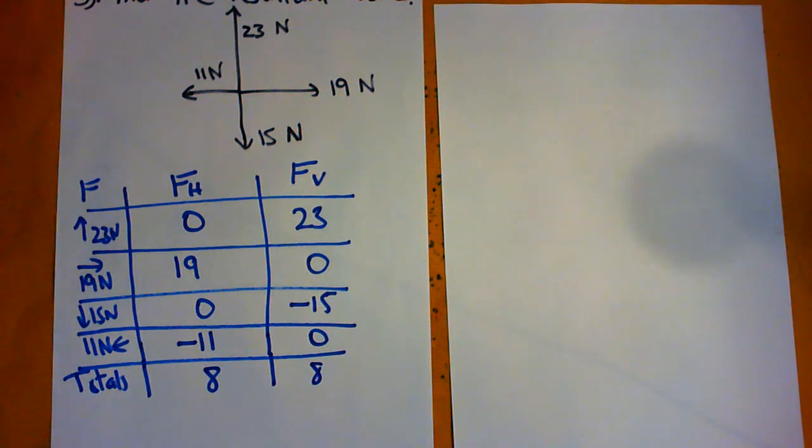Okay, so now we need to work out the overall magnitude of the force. Before we do that though, let's work out approximately what direction our resultant should be pointing in. We're getting a positive horizontal component, which means it's pointing to the right, and a positive vertical component, which means it's pointing upwards.